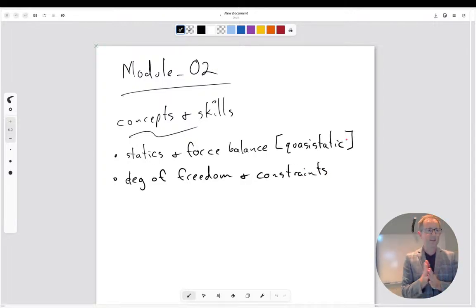Then we had like degrees of freedom and constraints. What do constraints do to degrees of freedom?